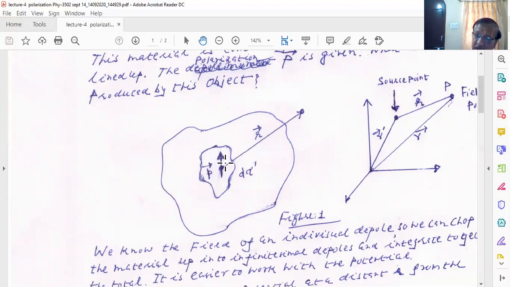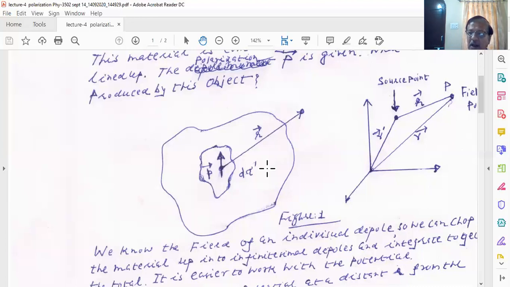Once you find out the field at a point P because of all dipoles accumulated in the volume element d tau prime, we will take the volume integration of that field to find the total field because of all the dipoles present in the polarized object.